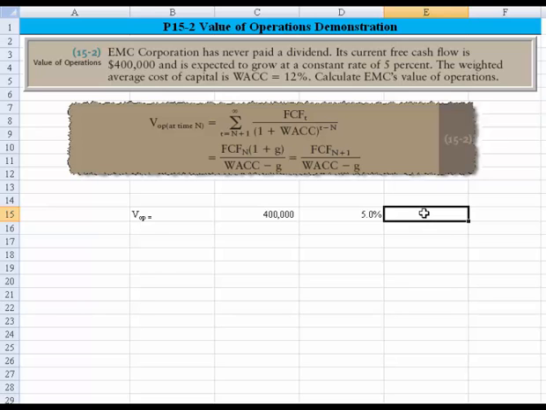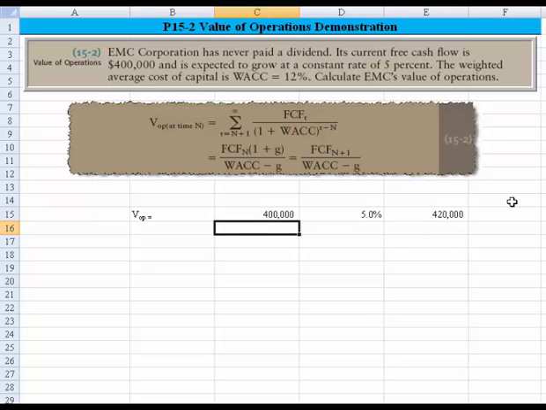And then to calculate the numerator, I'm going to do this in a few cells just to simplify the illustration. We would take 400,000 times 1 plus the growth, which comes from that cell. Okay, that's my numerator.